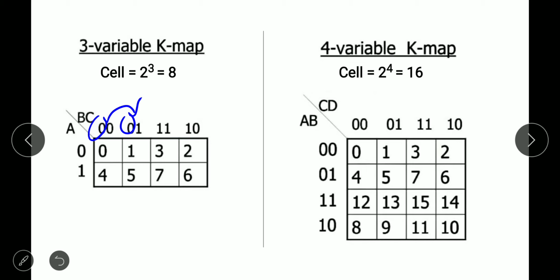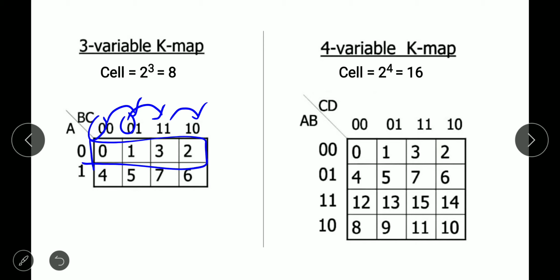Here again 1 1 is common, but here 0 is changed to 1, so one bit is again changed, and then this 1 is changed to 0, so one bit is again changed when we use that pattern, that is 0 1 3 2.